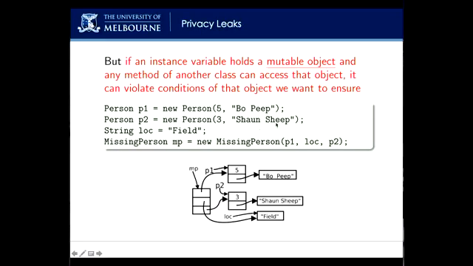But then, by its very definition, this is the object missing person, and it's creating new versions of people or person. It's creating two of them in this same sort of manner. Field is just immutable, so that's just kept as an immutable object. And what we're saying is, because we've done it in this way, and because we've produced the code in this way, the invariance that we've done creates what's called a privacy leak.